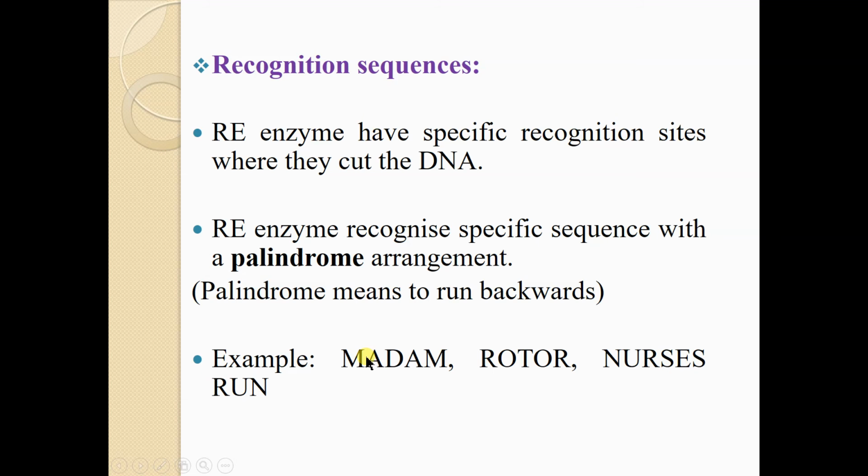Those DNA sequences which, when read from both sides, front or back, are similar are known as palindromic sequences. And bacterial restriction endonuclease enzymes only produce cuts in palindromic sequences, which we have seen in the earlier slide.